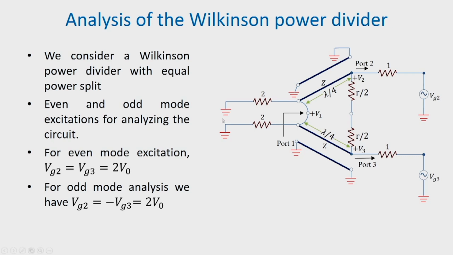So, in this central line, or in the plane of symmetry, we will have 0 voltage. Having a 0 voltage here is essentially having a short circuit.